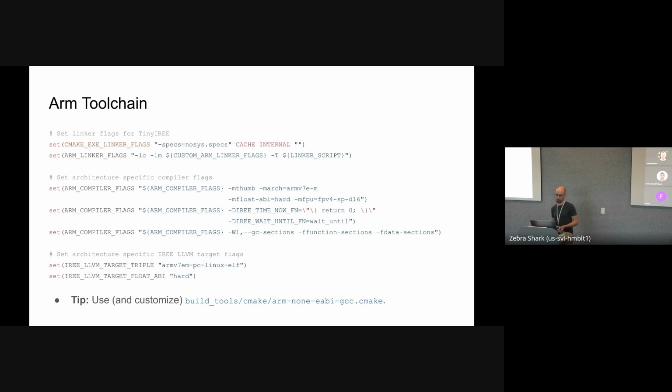Furthermore, and these are IREE-specific options, you also need to set the LLVM target triple and the LLVM target float ABI type. Because for cross-compilation on ARM we are using GCC, but for the device code, we use the LLVM backend. And therefore, you need to specify these two flags as well.